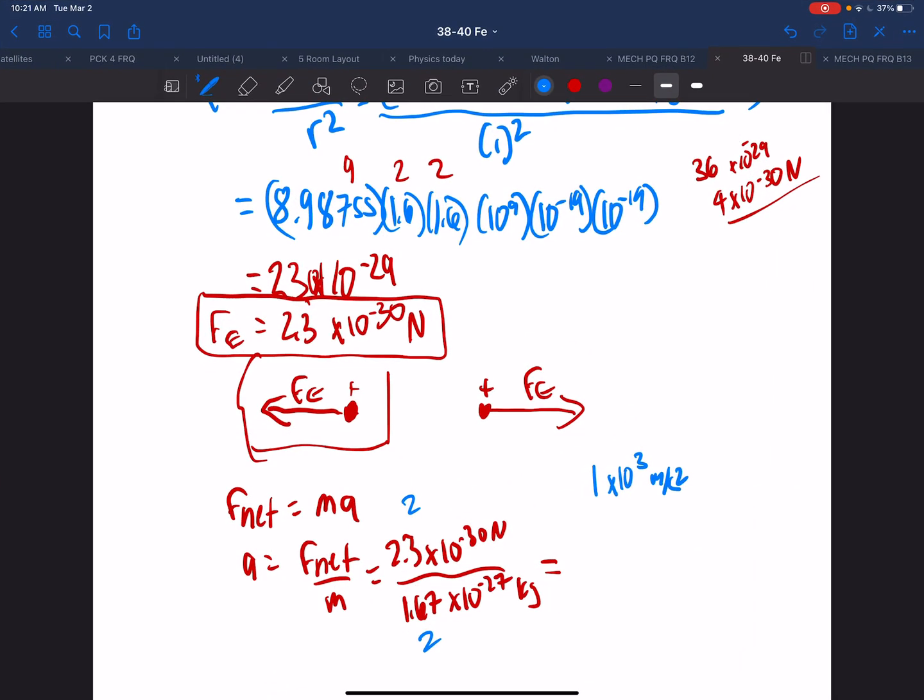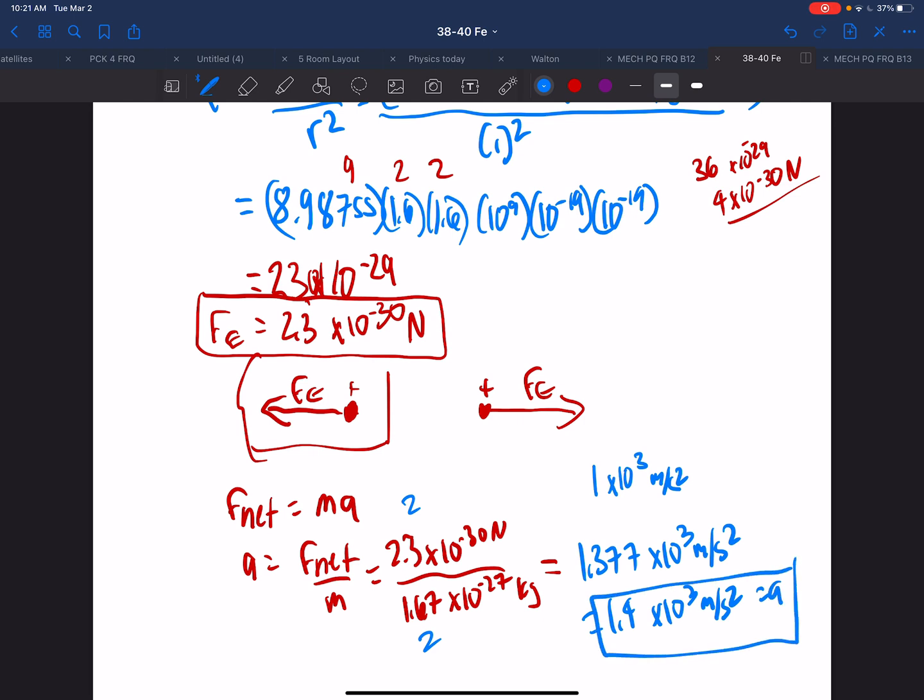It comes out to 1.377, or about 1.4 times 10 to the third meters per second squared. That is the acceleration. That is an incredible acceleration.